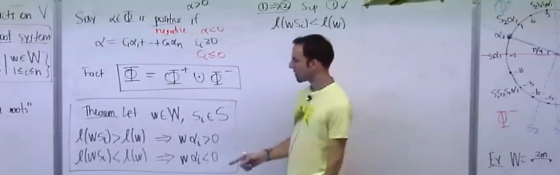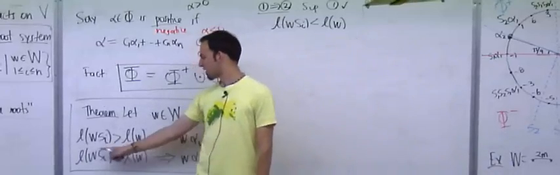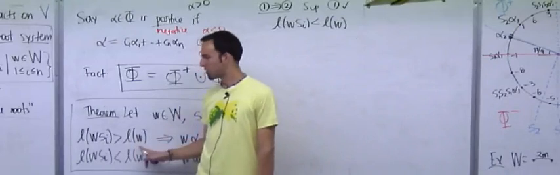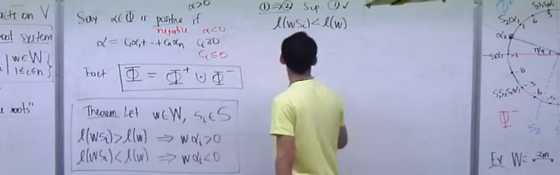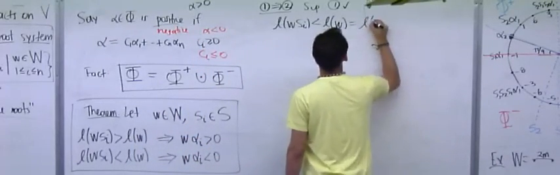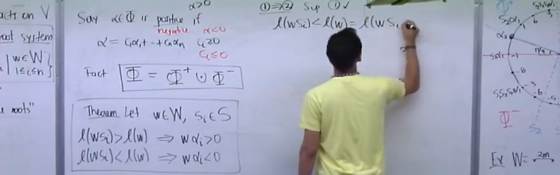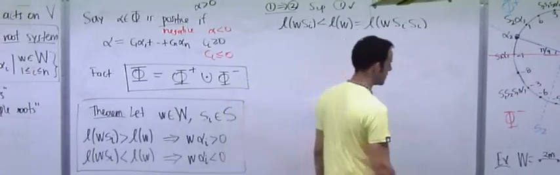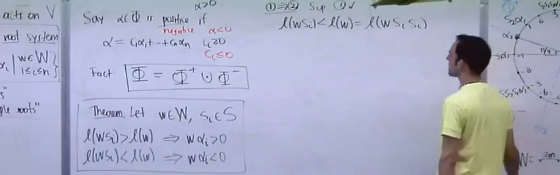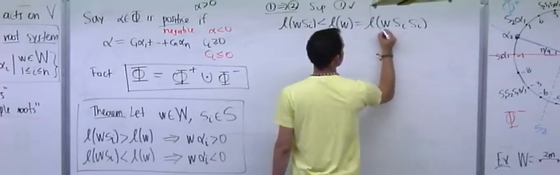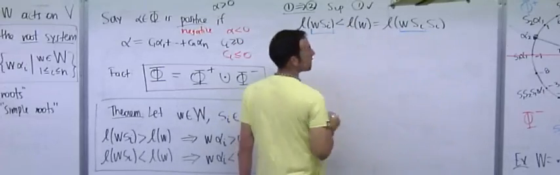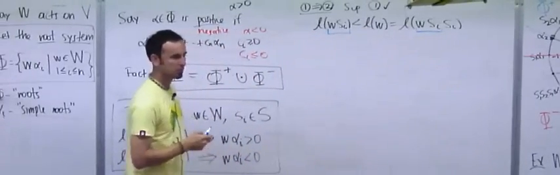I mean, the thing is that there's always kind of this nice fact that the SIs have order 2. And so I can think of W as W SI SI. Right? And then what I have here is basically that this guy, when you multiply it by SI, becomes longer. Okay?